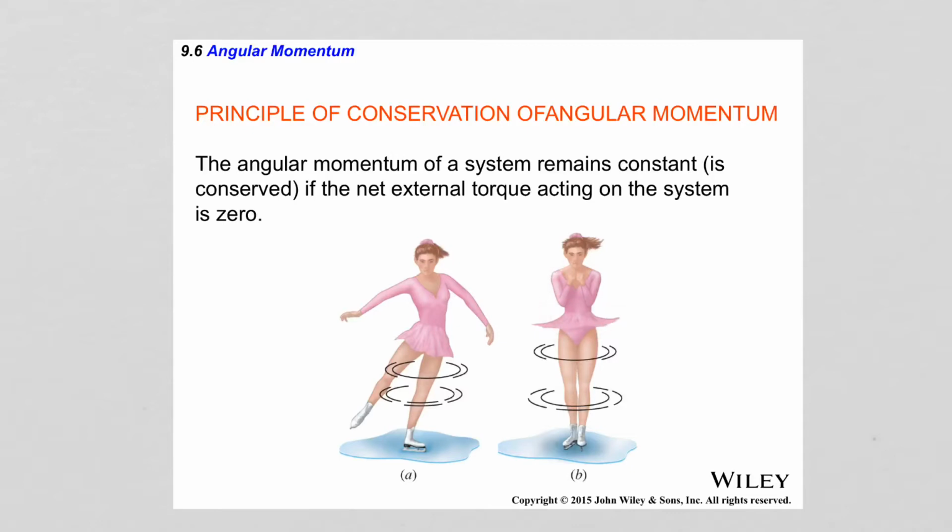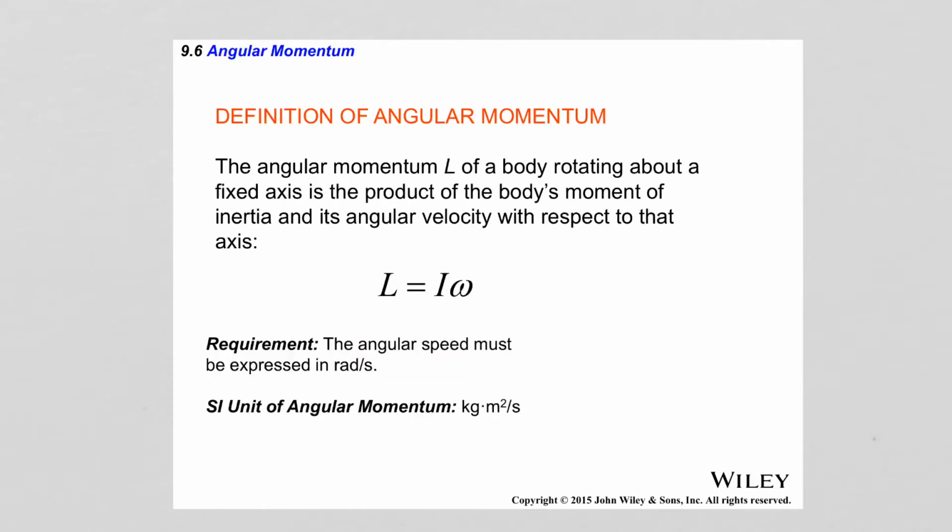But her angular momentum remains the same because there's barely any friction with the ice. So when her arms are stretched, her moment of inertia is big, therefore her angular velocity is small, and the angular momentum value is a certain amount. When she brings her hands in, her moment of inertia goes down, her angular velocity goes up, and the product gives us the same angular momentum as before.